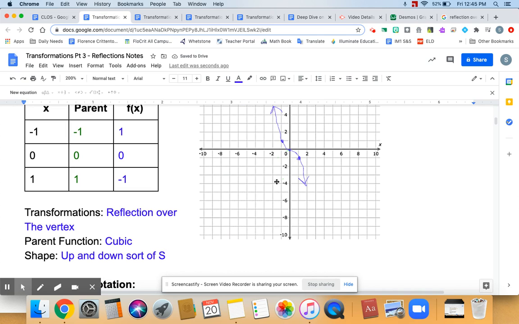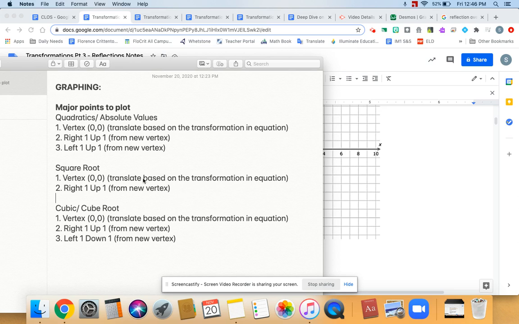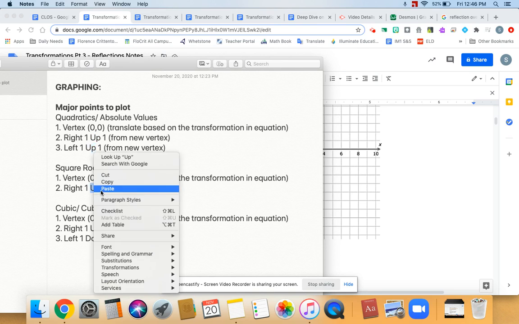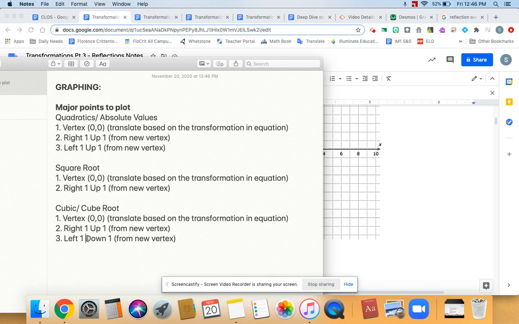And it got reflected, which means if we go to our major points to plot, all of these up, up, up, and then these two being up and then down, these can change. Because if it's being reflected, then they switch. It wasn't right one up, it became right and then down, and then left and then up. So this is the normal way, but reflections change.